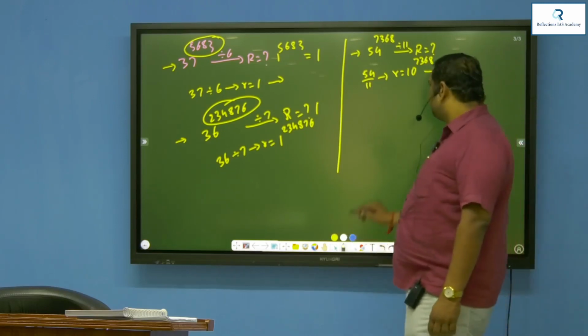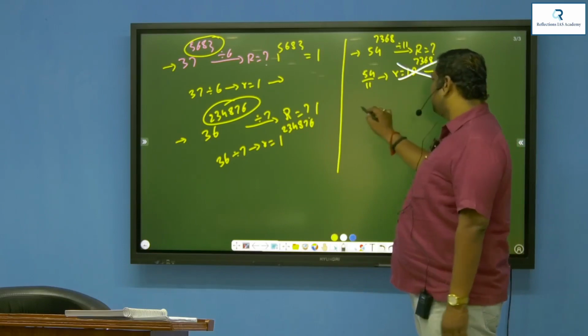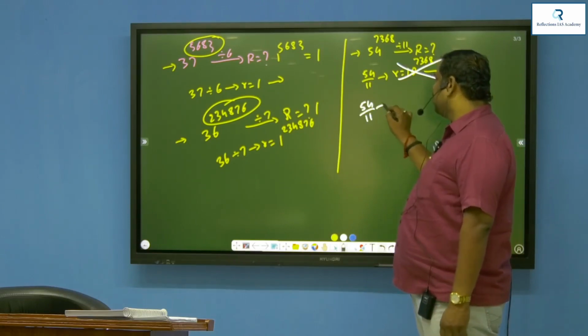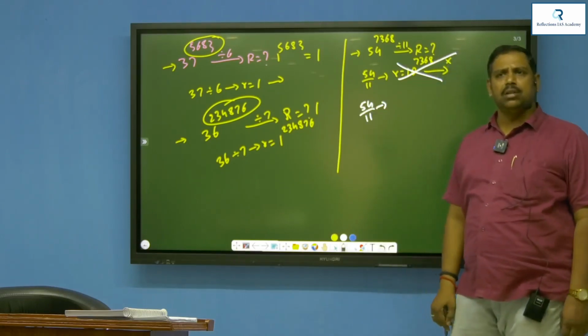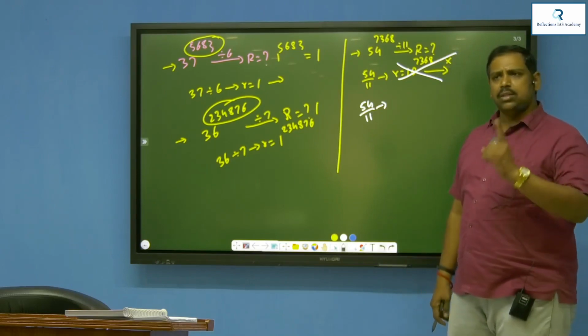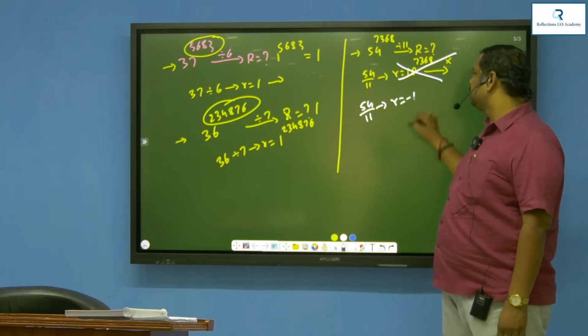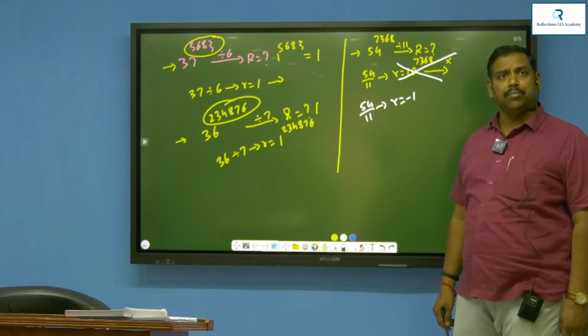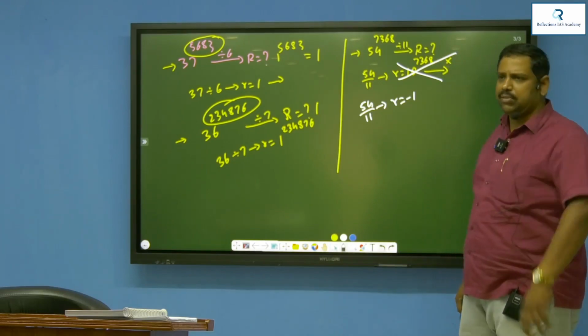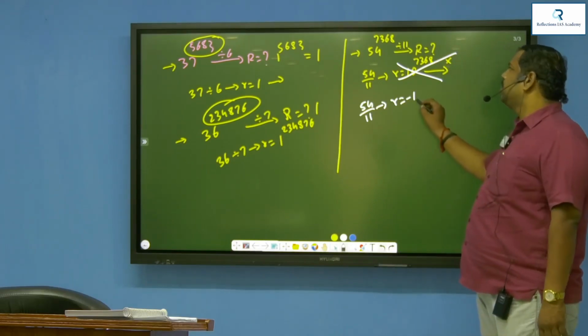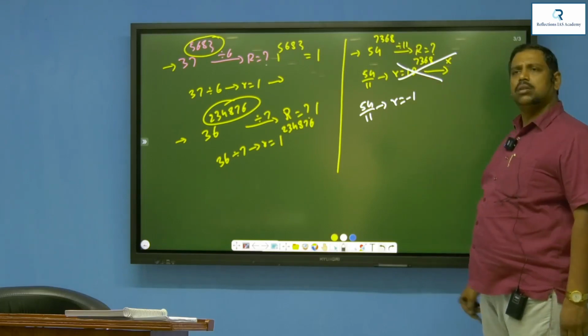That is the reason, instead of going like this, what I will do is 54 by 11. 11 5s are 55, right? How much is it less? So can I take that the remainder is minus 1? Because it is less by 1. Right or wrong? Minus 1. Now tell me, if it is minus 1 power, what I have to do?